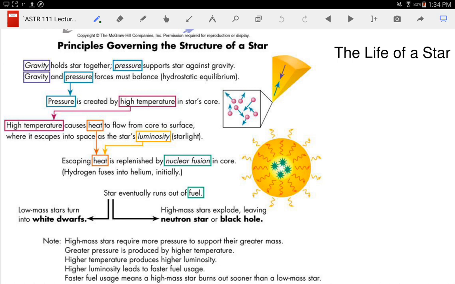And so it gets hotter again there in the core, and then depending on the size, you may have different things occur. Eventually, when all is said and done, the end point for a star depends on its mass. If its mass is small enough, it'll be a white dwarf. Our sun's mass is reasonably small. We believe it will easily end up as a white dwarf. If its mass is larger, it could end up as either a neutron star or a black hole. So that's the basic story of the life of a star.